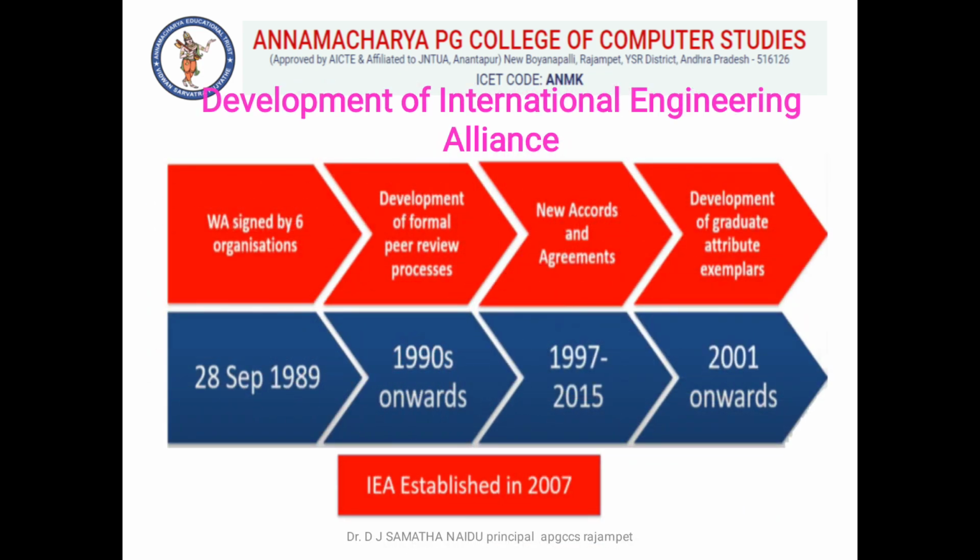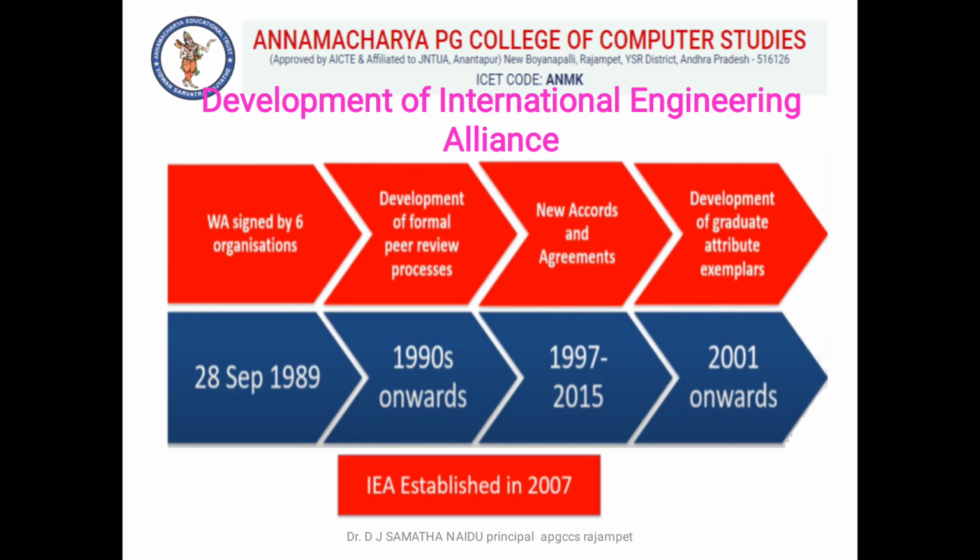Coming to the development of international engineering alliances, the Washington Accord was signed by six organizations on September 28th, 1989. The development of the formal peer review process began afterwards, then new accords and agreements in 1997 to 2015, and the development of graduate attribute exemplars from 2001 onwards.